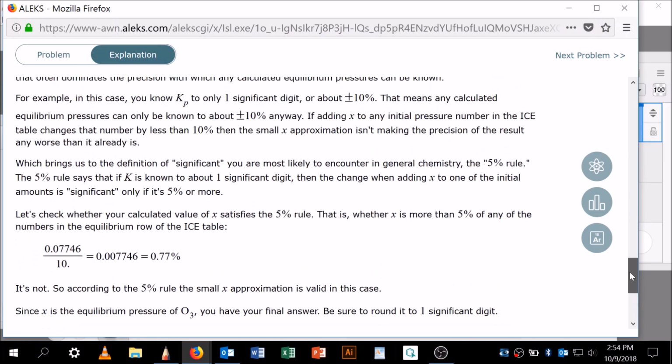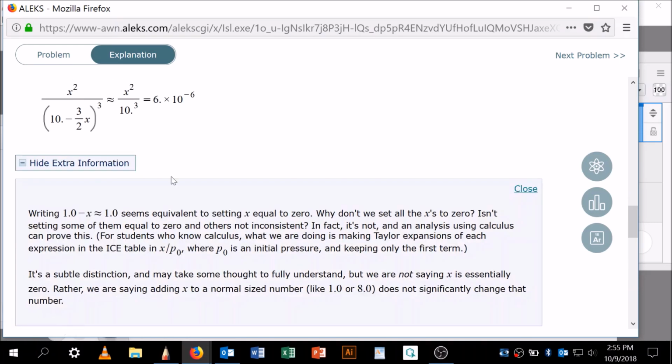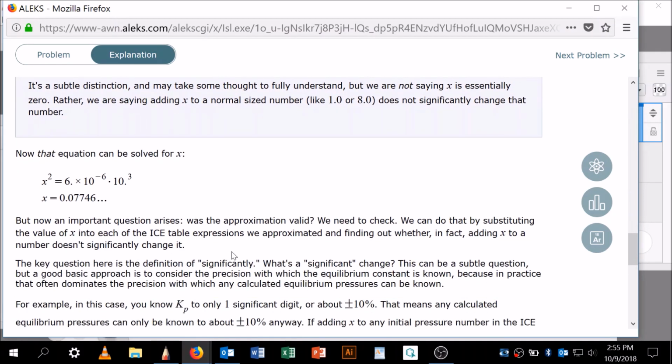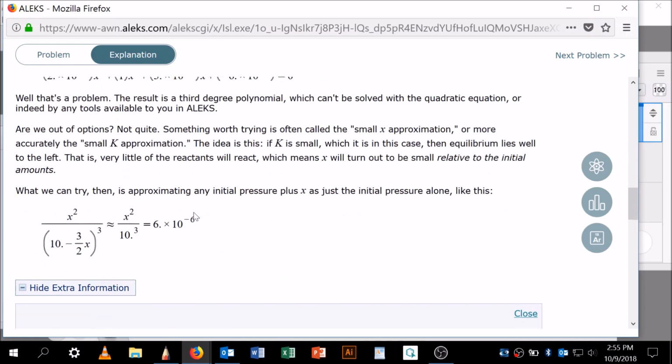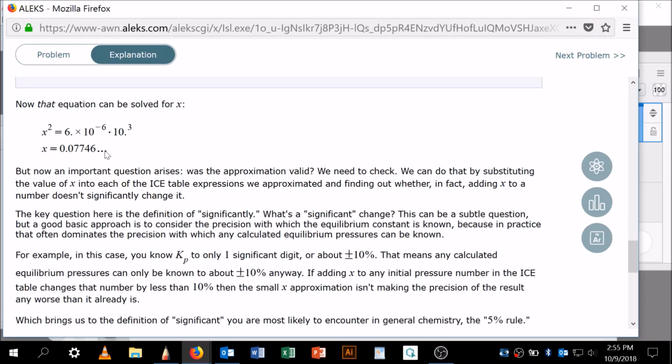They're saying 0.07746, and they set x up a little differently, right? We put 2x and 3x here, and they set it up a little bit differently. So their x is their answer. That was the question: what is the final partial pressure of ozone? And they said that was what x was, and we said our final partial pressure of ozone was exactly what they said. All right, so there we go.